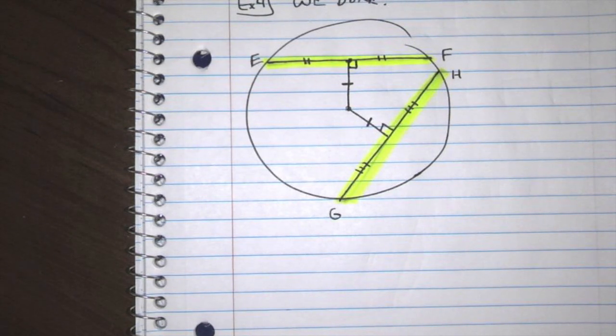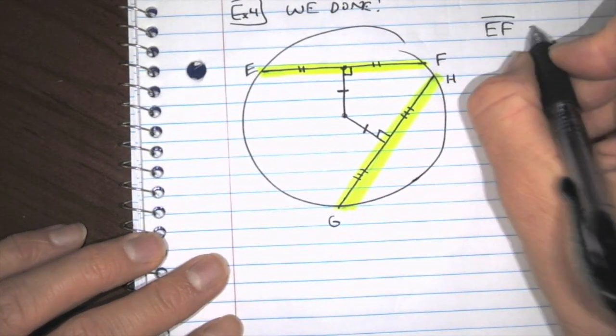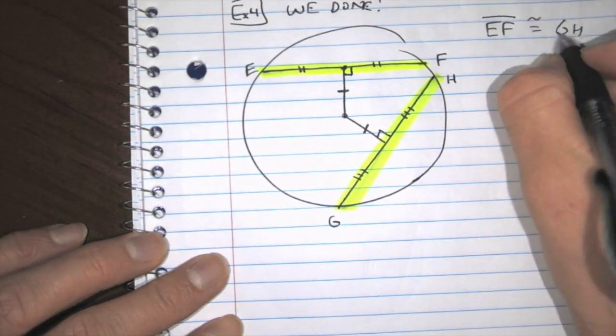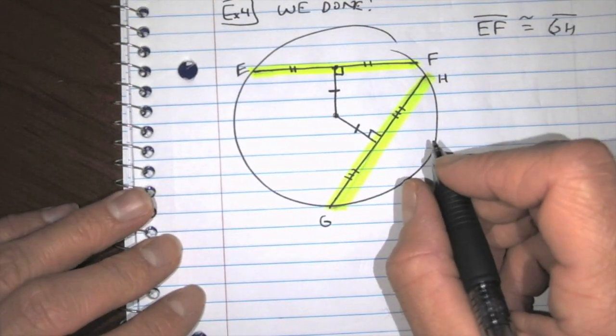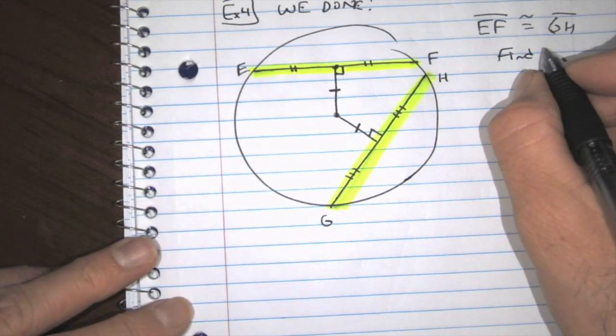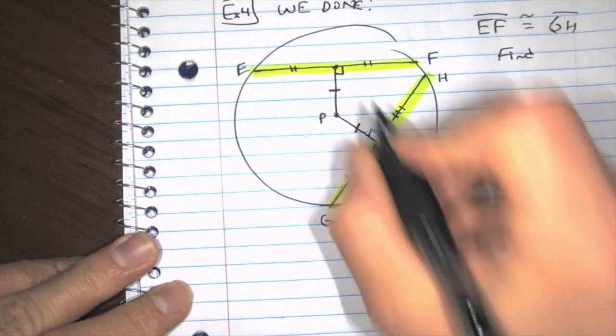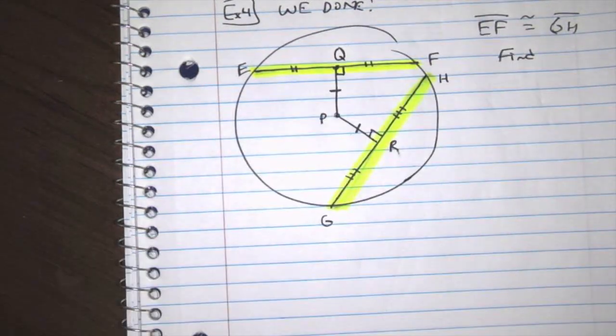Alright, what do we got? I'm going to tell you that those are the same. I'm going to tell you EF is congruent to GH. And I'd like you to find, here, let's call this P, call this R, call that Q. Let's see.